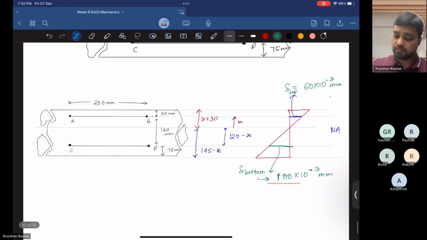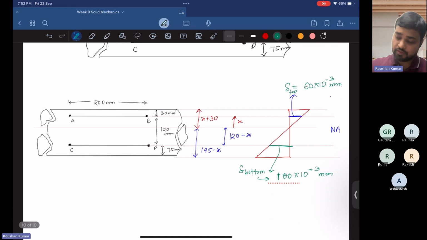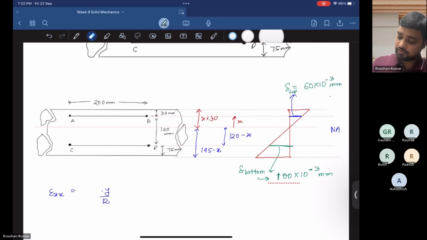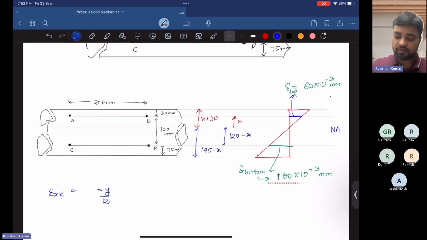Okay, so we know that epsilon xx is equal to minus y upon r, and here in the pure bending of beams, the radius of curvature is constant.